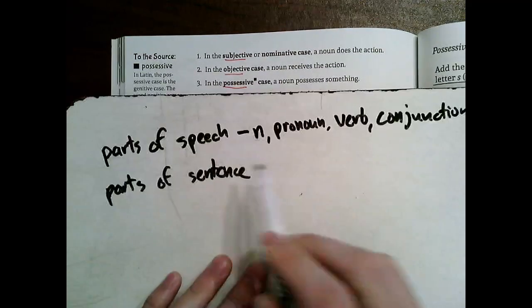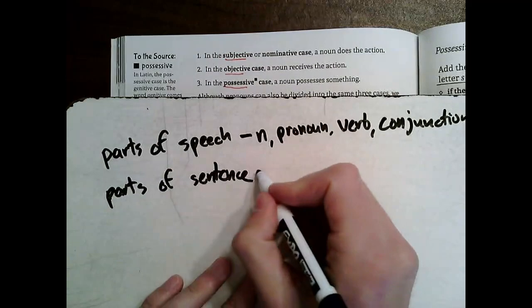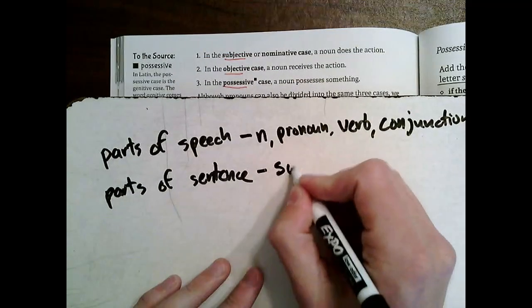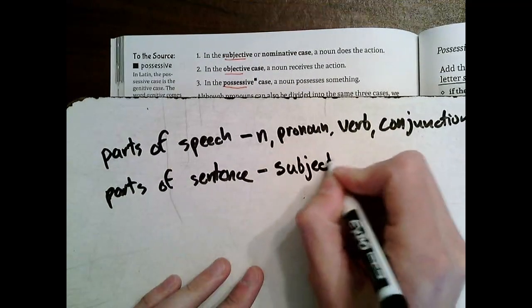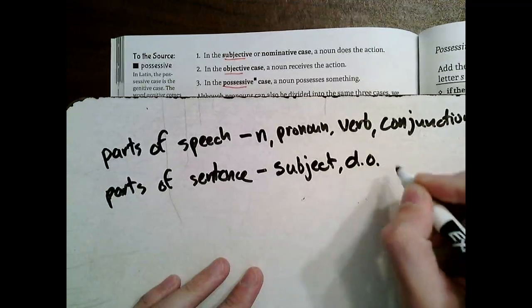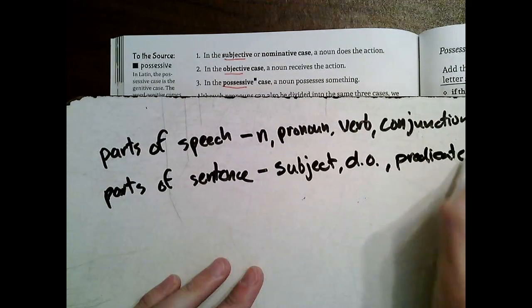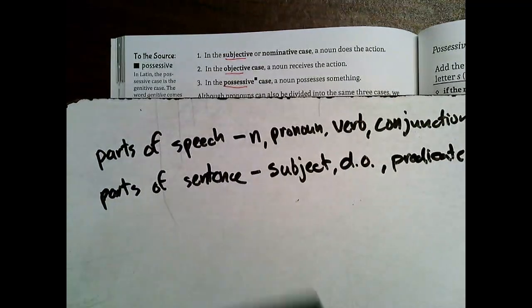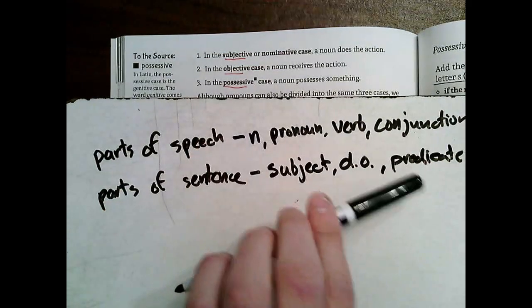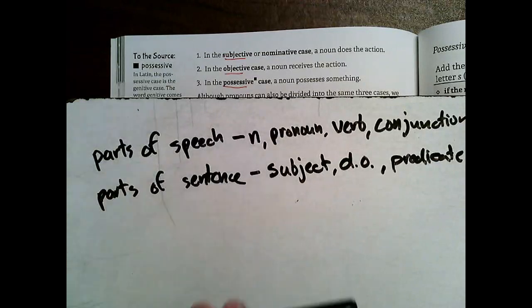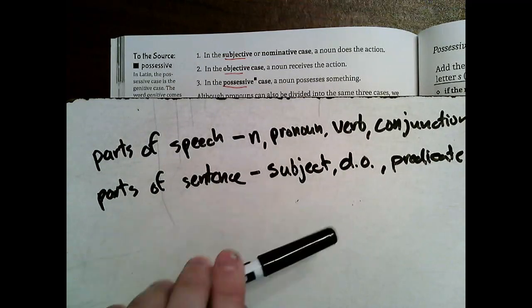But then you also have parts of a sentence. Parts of a sentence include the subject, the direct object, the predicate. Sometimes these sound like the same vocabulary, right? We've got verbs and you've got predicate verbs. Nouns are often subjects, but sometimes a pronoun can be the subject.